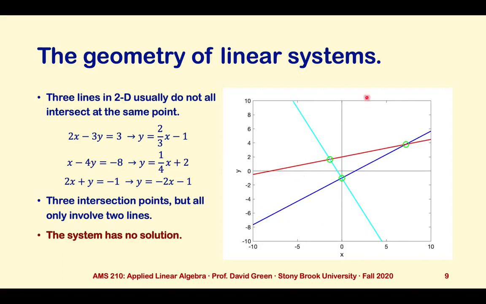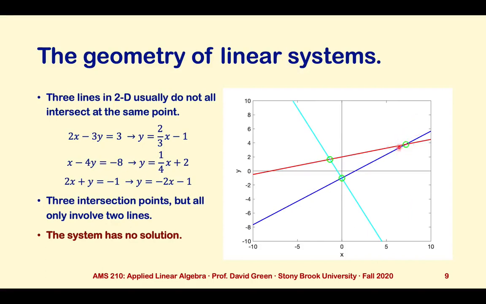I have a visual here where I've added one more line to the pair we had before. So again, we have the same two that we had in the earlier example, but I've added a line shown here in cyan with a slope of -2 and an intercept of -1. These lines intersect, but never at the same place for all of them.